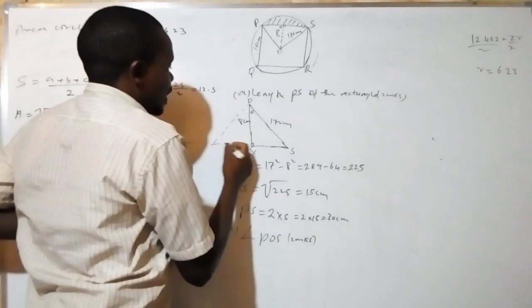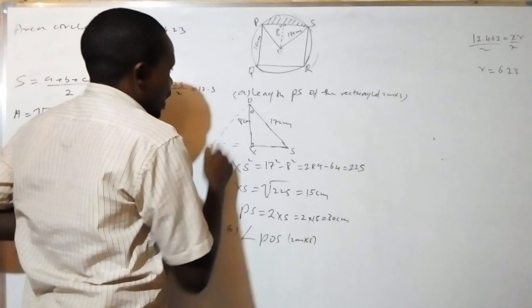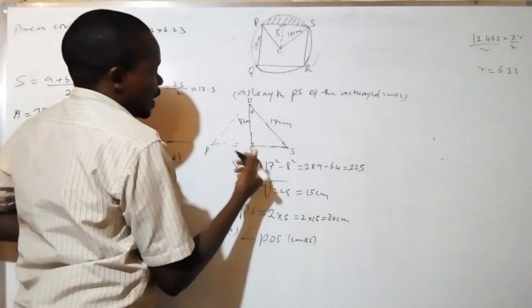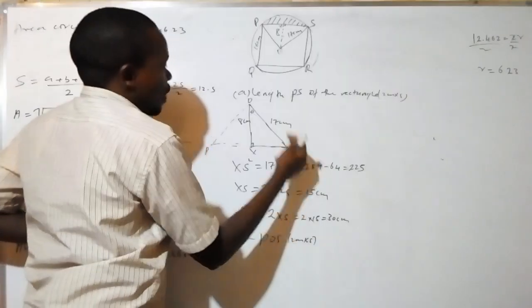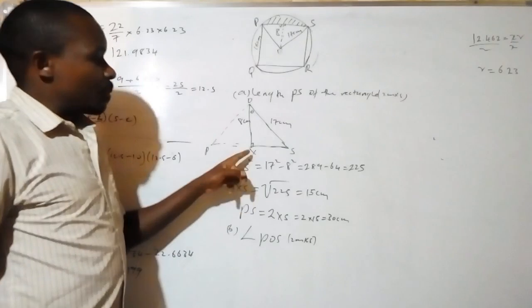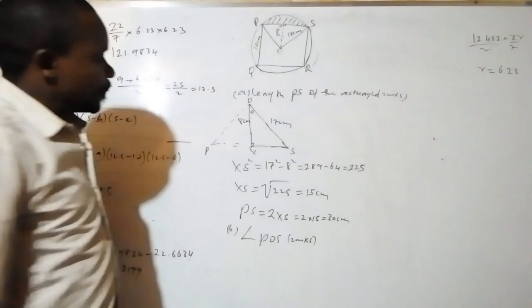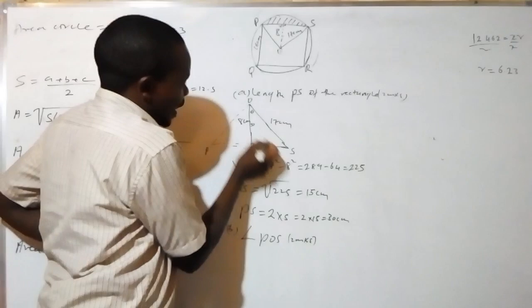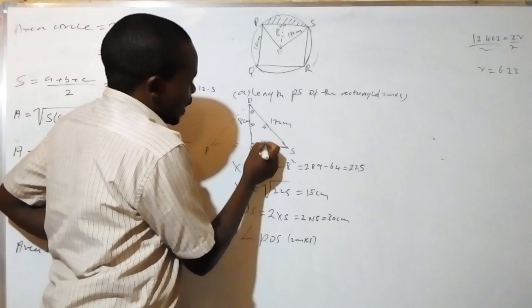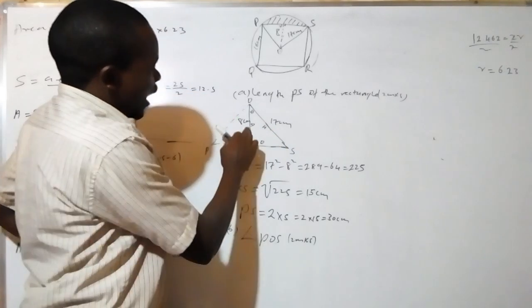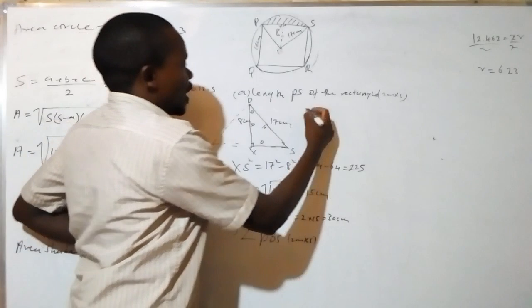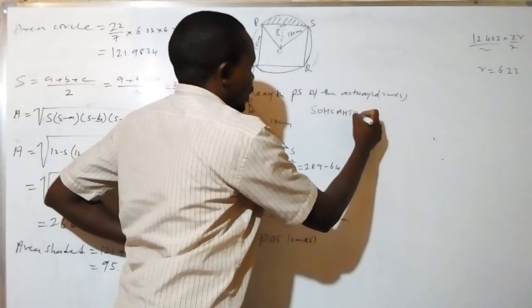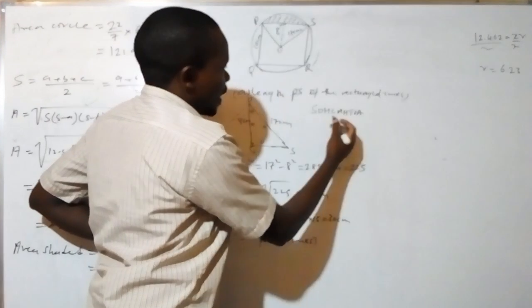If this is the angle that you want, this side will be adjacent, hypotenuse, and this is opposite. Since we have A and H, using SOHCAHTOA, you are supposed to use cosine.